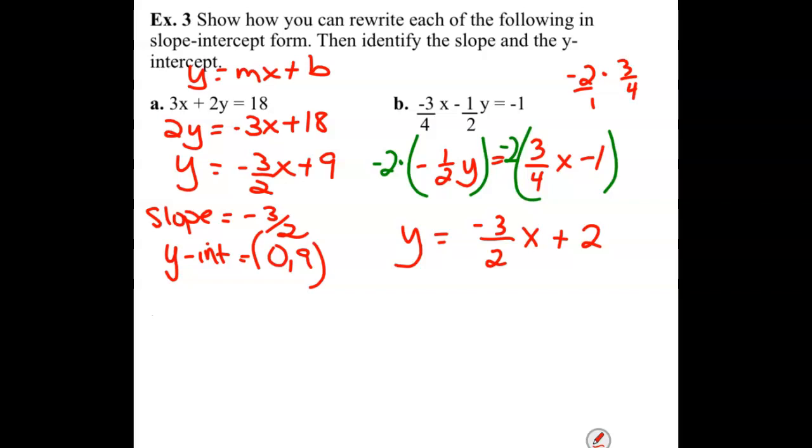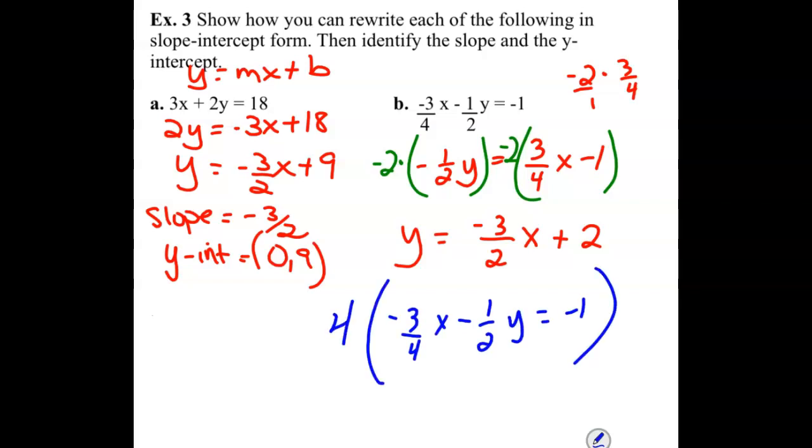The other option, if you want to just get rid of all the fractions at the beginning, look at your denominators. If you were going to get everything to have a common denominator, what would you pick? What number? What's a number that 2 and 4 both go into? 4. I could times everything by 4. Okay, look what happens if I do that. If I times the whole thing by 4, both sides.